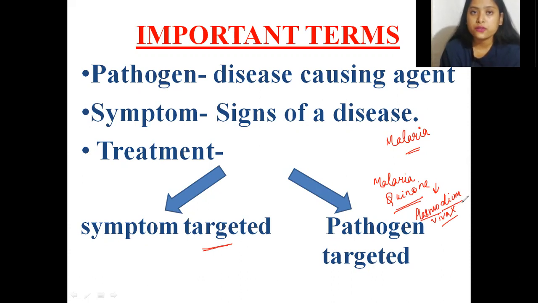If you take a drug which attacks this particular agent, you are getting treated on the basis of the pathogen. That means the treatment is pathogen targeted. This is what we need to understand here. These are the terms we are going to use in the entire chapter.